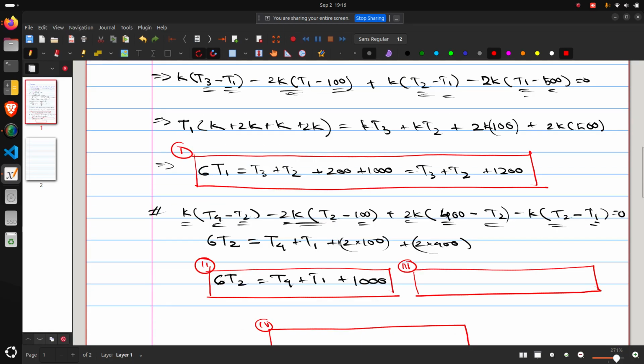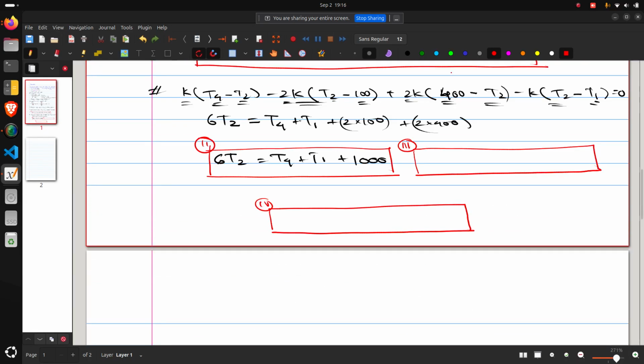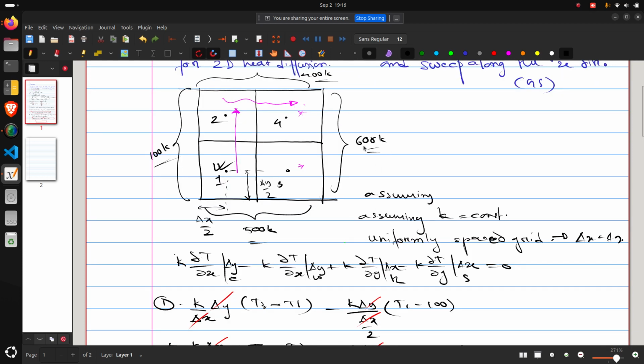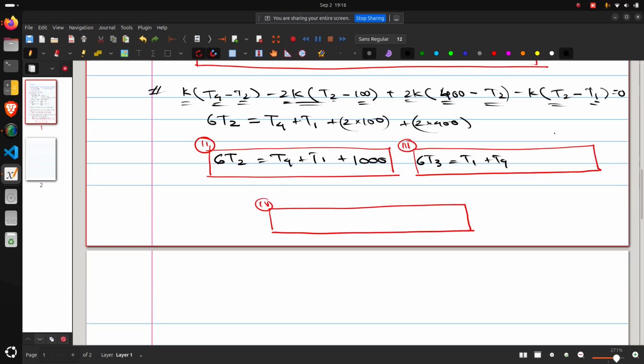Cell number 3 will have neighbors 1 and 4. So it will be 6T3 equals T1 plus T4, and the B value will be 2 times 600 plus 2 times 500, so 1200 plus 1000, which is 2200.